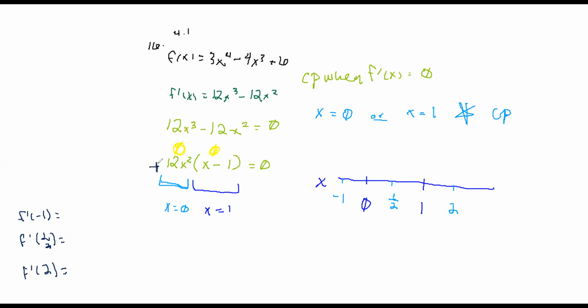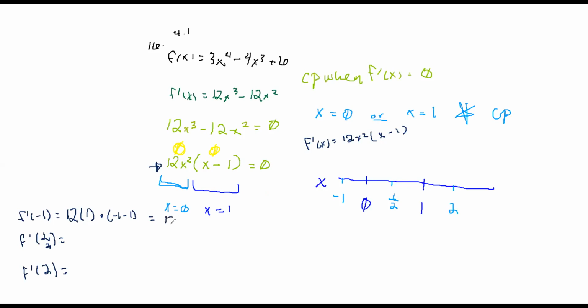I think it's easier to put it into this version. f prime of x is equal to 12x squared times x minus 1. But whatever works for you. So this is 12 times -1 squared, which is 1, times -1 minus 1.